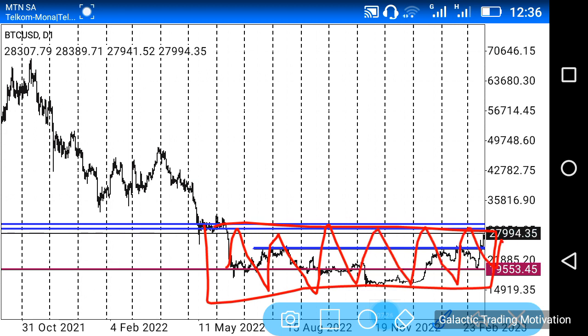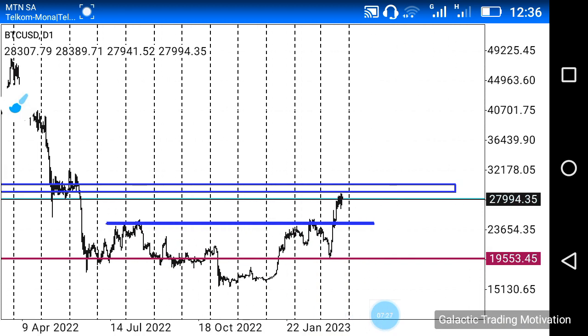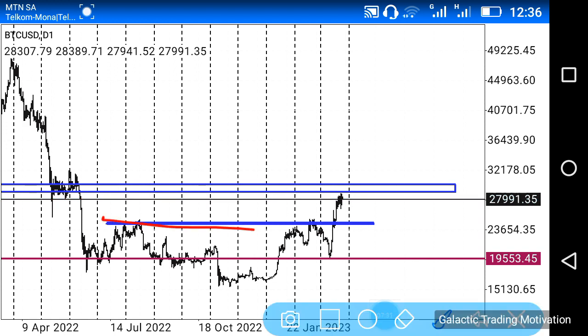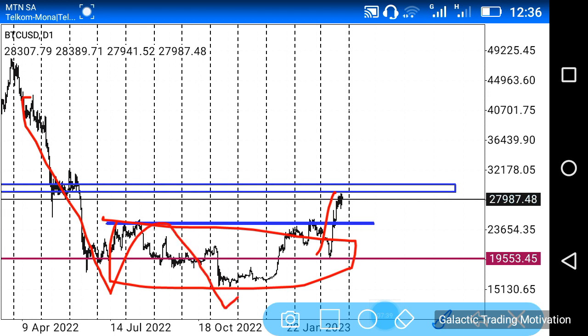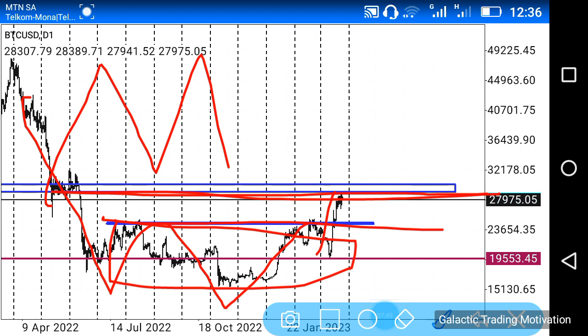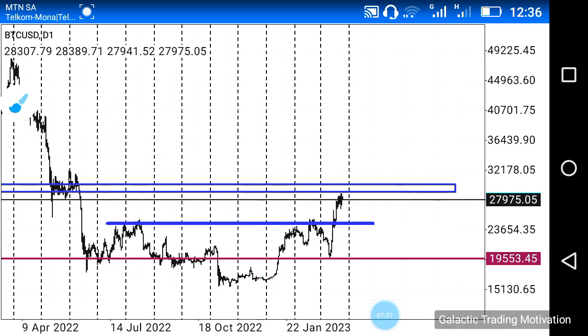Can you guys see that? And we saw a breakout of sorts, right? At this point we saw price breaking to the upside. Just bear in mind that we also spoke about how we have this W structure which has a neckline at that point. To add to that, we also have this neckline, which is the neckline of that bigger M structure that we spoke about on the monthly chart. Just keep that in the back of your mind.